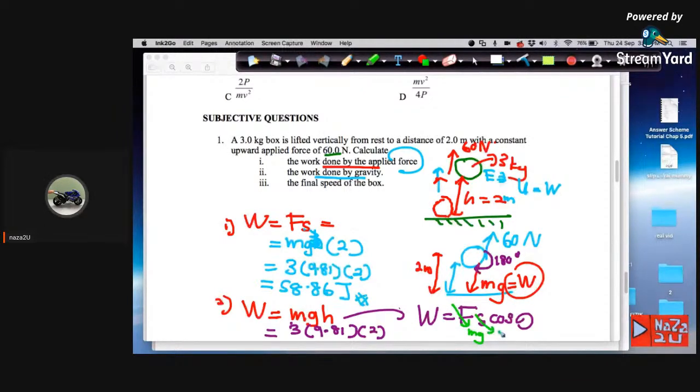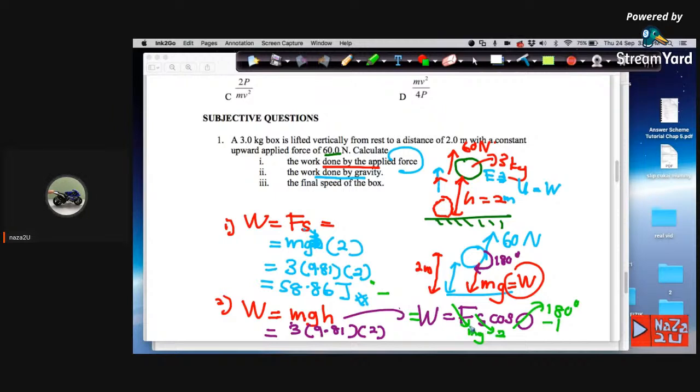Displacement or distance is 2 meter. Dia bagi kan 2 meter. Cos theta, the angle between the displacement and force ini, weight force ini adalah 180. Okay, jadi kalau kita kira kat sini, this is cos 180 is equal to negative 1. So maksudnya jawapan akhir kita ni mesti ada tanda negatif lah.